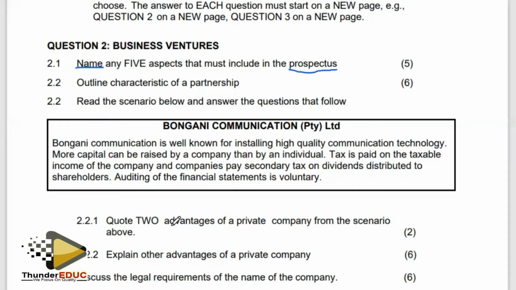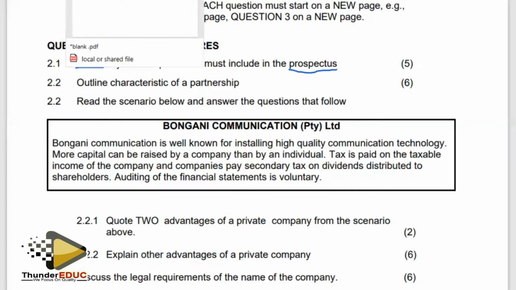The most important aspect on how to deal with this question, you are supposed to go to your answer sheet, for example, and then first of all, you number. First of all is identify. Say, I am going to answer.